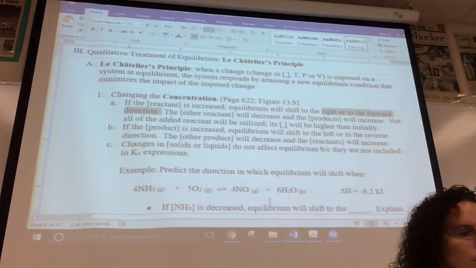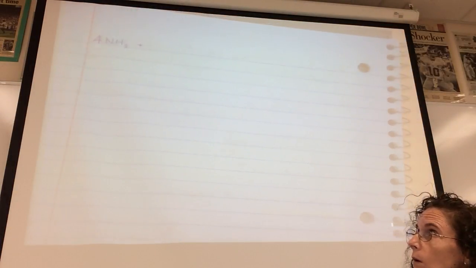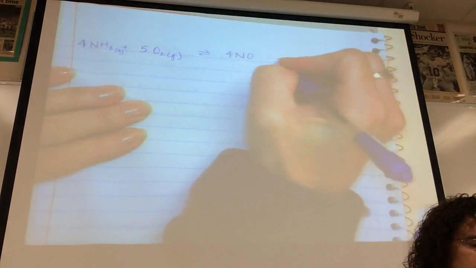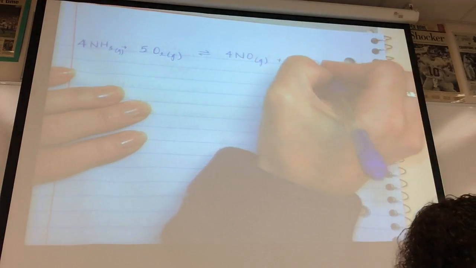Before I go through all the wording, I'm going to rewrite this equation here and walk you through. So we have 4 moles of ammonia in the gaseous state, 5 moles of oxygen gas, equilibrium conditions, generating 4 moles of nitrogen monoxide, and 6 moles of water vapor.